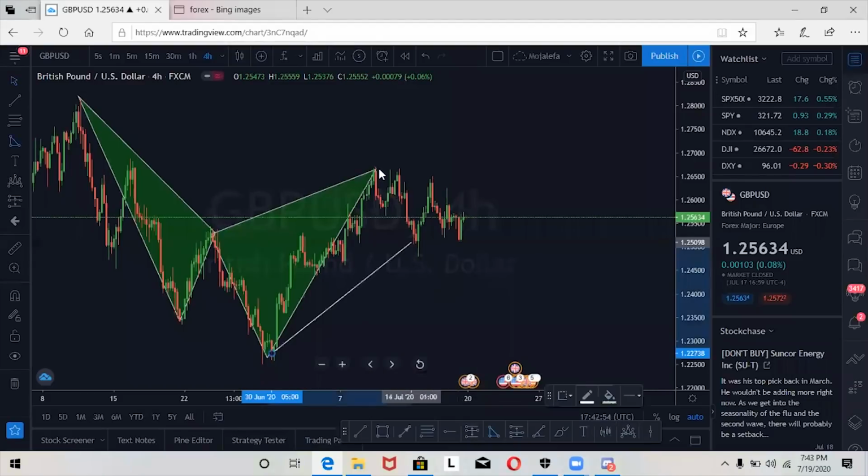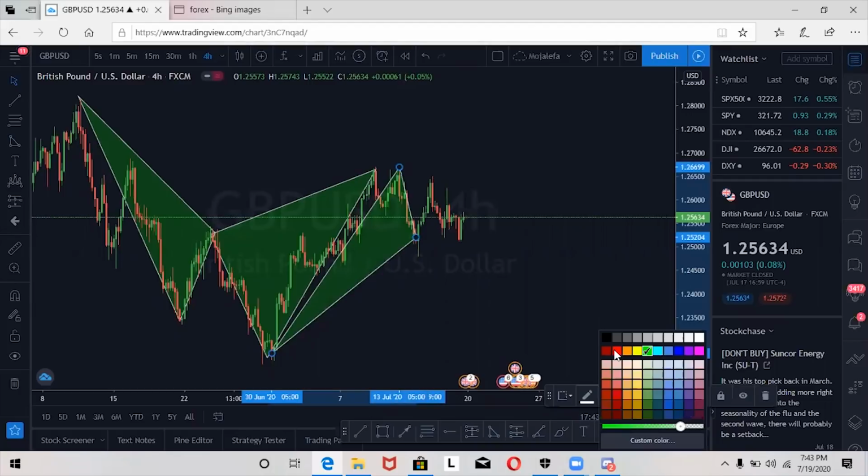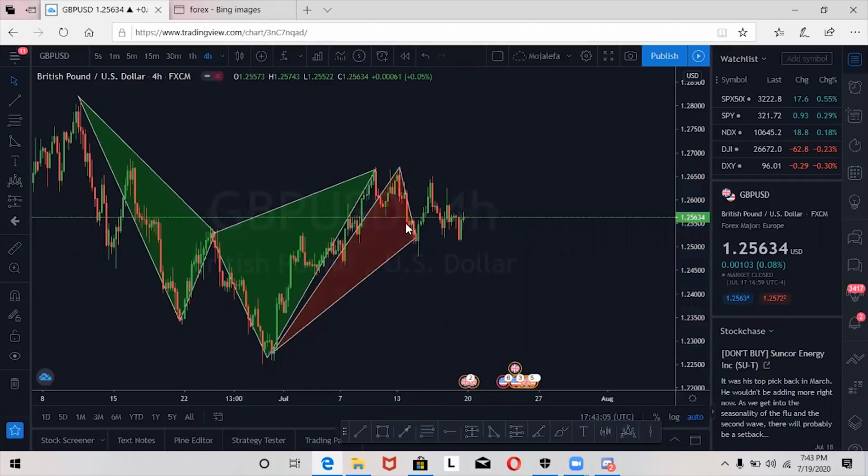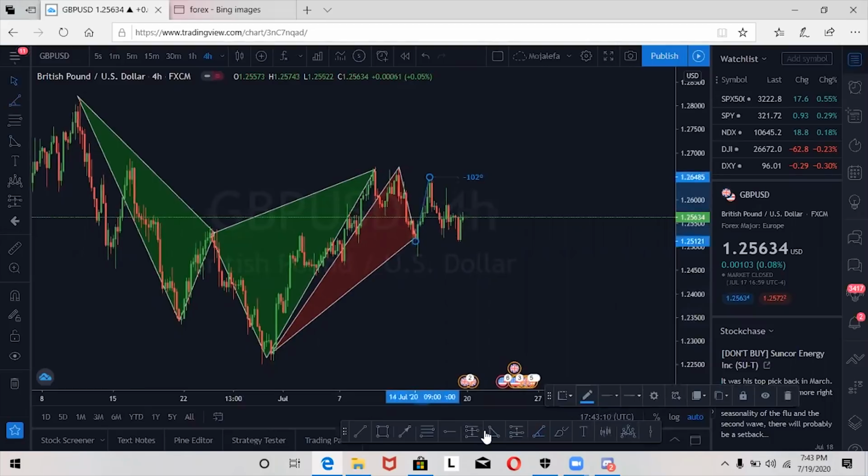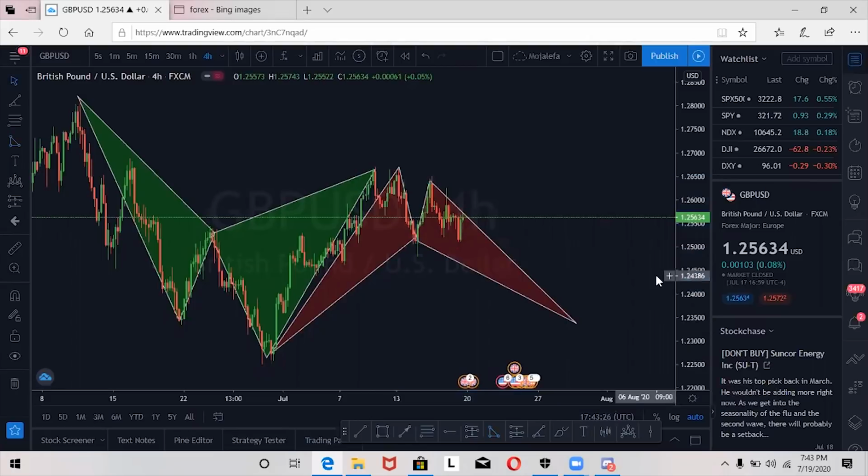Looks something like this. Let me just use this region and then change this one to red. It's gonna look something like this. Oh, sorry, let me remove this. You see, guys, it can be something like this. That's how simply it is to spot your harmonics, guys.